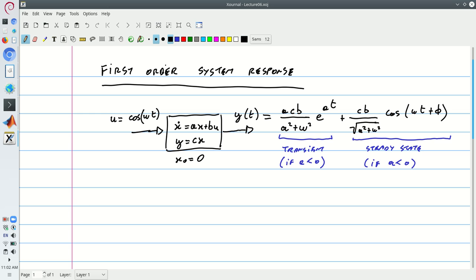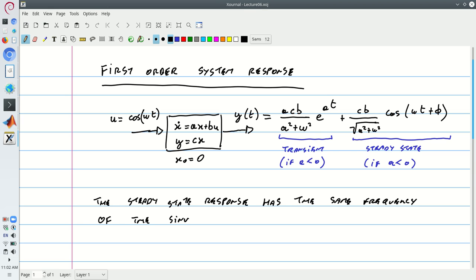The interesting part is that the steady state response has the same frequency of the sinusoidal input, and this is the first fact.